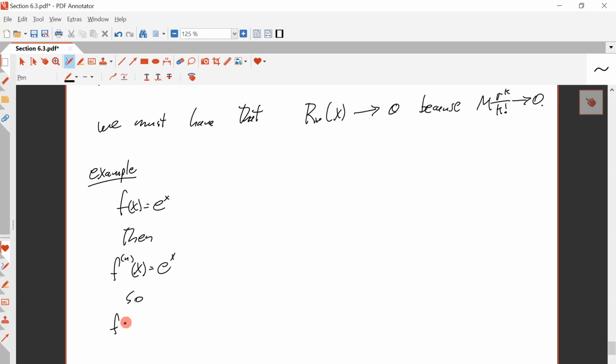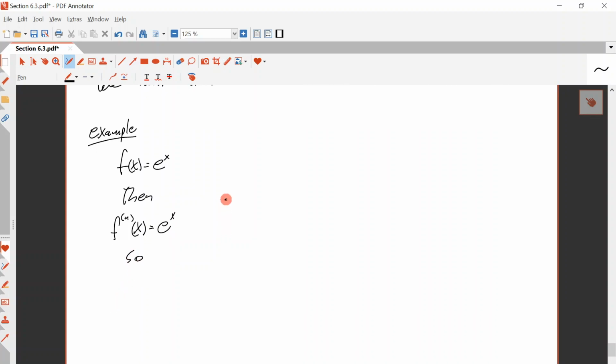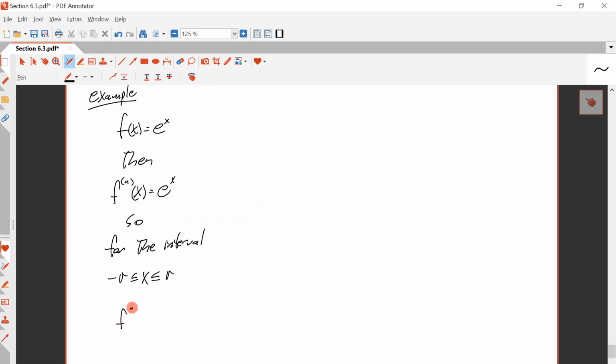So on the interval minus r less than or equal to x less than or equal to r, f^(n)(x) is simply less than or equal to e to the r. So there's your upper bound for all n. So e to the x has that upper bound.